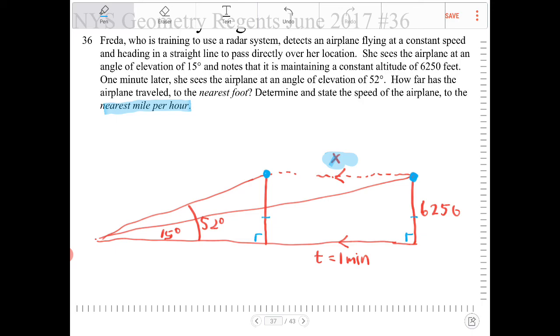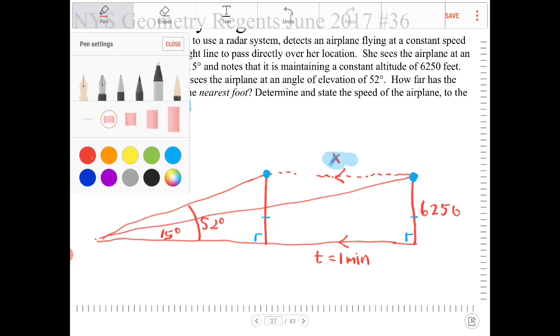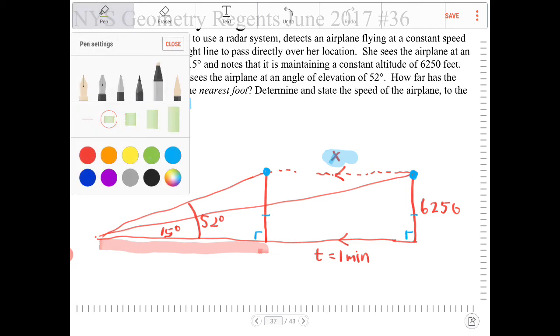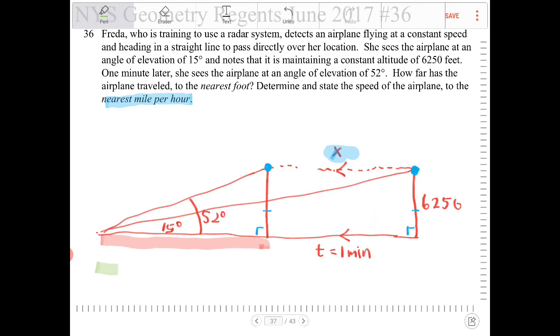How are we going to do that? Well, we're going to find the horizontal distance of the plane from the location after the 1 minute, and also the distance when Frida first noticed the plane far away at an angle of elevation of 15 degrees.